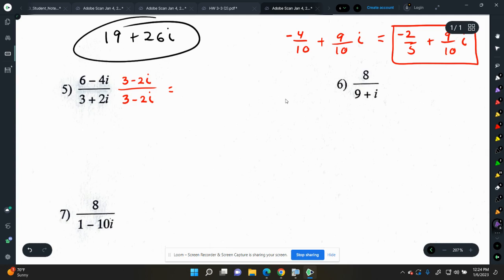All right. So I'm just wondering, do you know why we have to multiply by the same thing on the top and the bottom if we're just trying to get rid of the i on the bottom? Why? Right. I'm actually multiplying by 1.